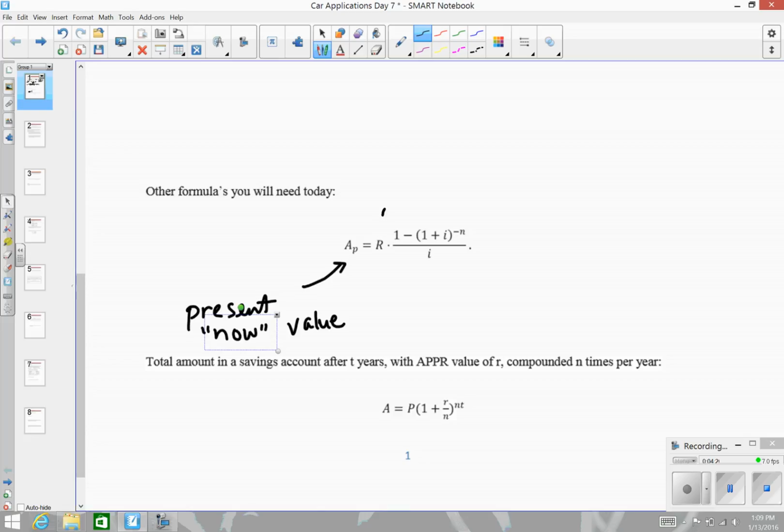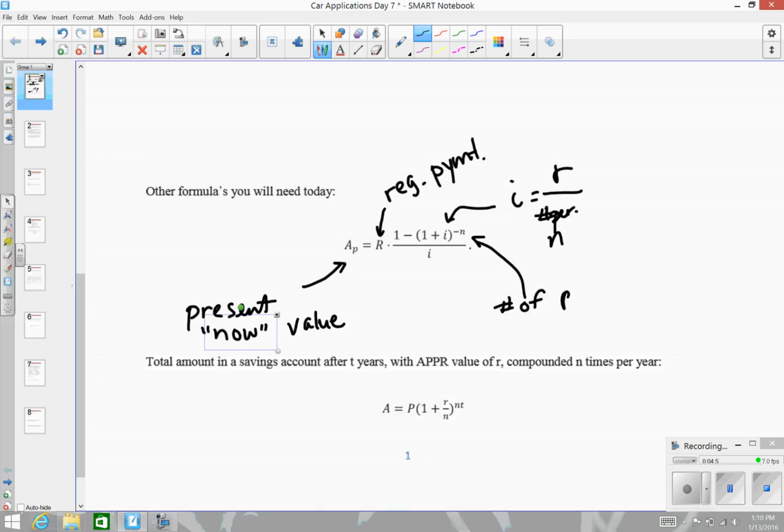And R in this formula is just like it was before, whatever that regular payment is. I is the interest rate that you get each period. So I typically equals your APR value, or what we've been using for our annual interest rate, divided by number of periods that we are getting interest, which is N. And let's see, N here is number of periods.